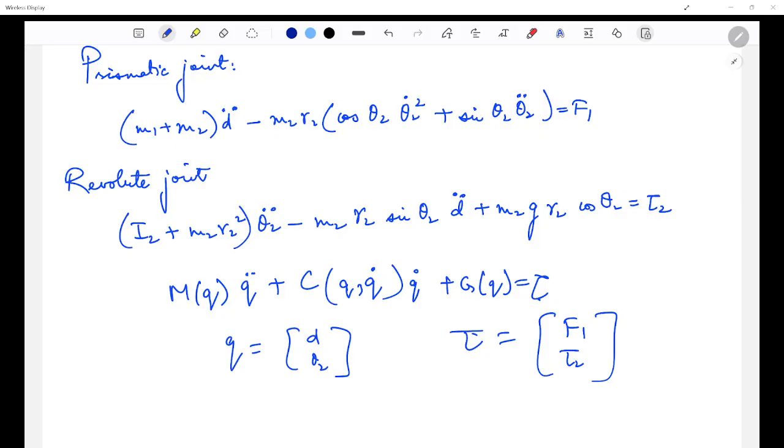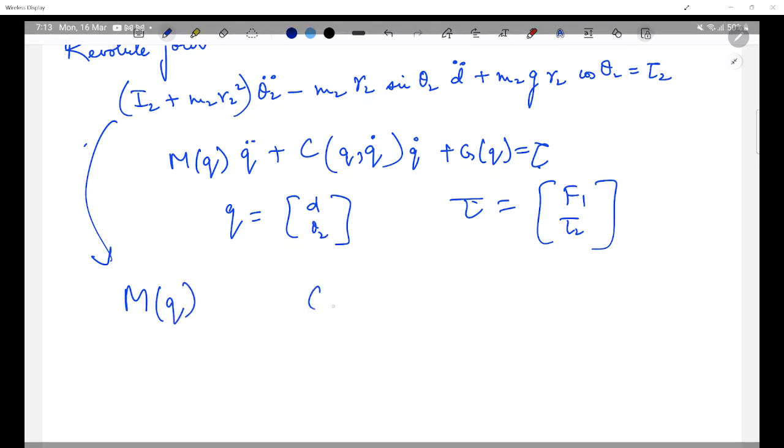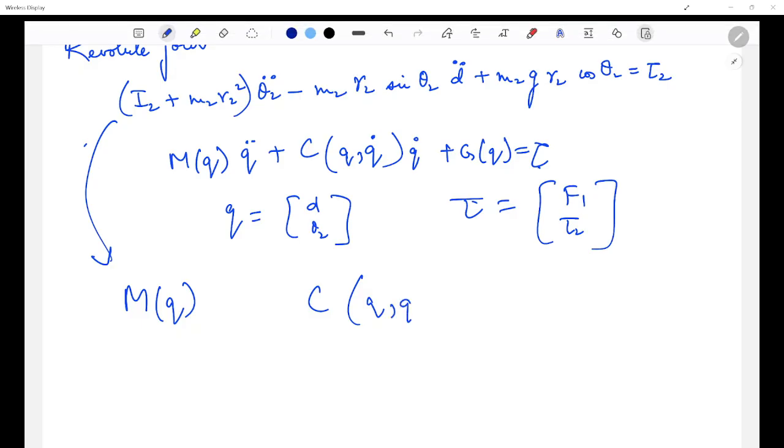So from here, can you find out what would be the mass matrix? Can you tell me what would be M(Q), what would be C(Q, Q dot), and what would be G(Q)? I think you should be able to answer directly. What would be the gravity term?